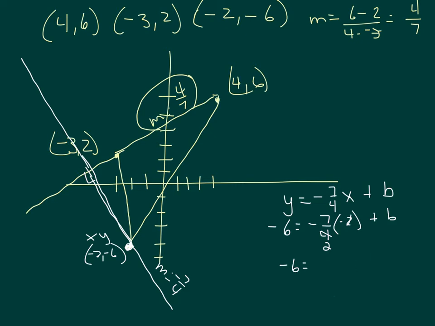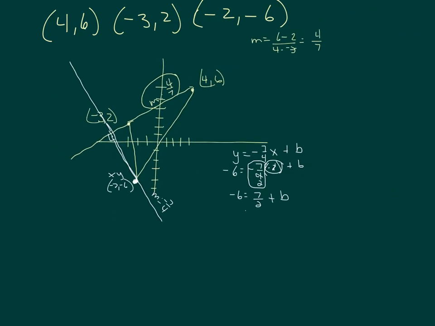Before I write that, I have -7/2 times a -1. A negative times a negative is a positive. So that's going to be 7/2 plus b. So I'm going to subtract 7/2 from both sides. So b is going to equal 6 minus 7/2.